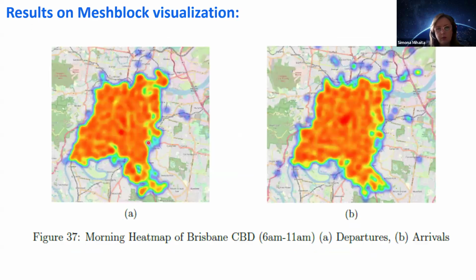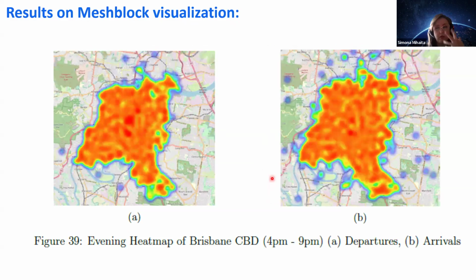Further on, by doing that mesh block choropleth representation, we can start to calculate what we call heat maps. This is a morning heat map of Brisbane between 6 and 11 a.m., divided by departures and arrivals. And you can also compare it with the afternoon heat map. If you look at these two, you might say that they are very similar to the naked eye.